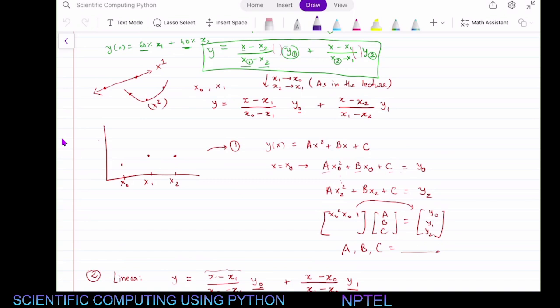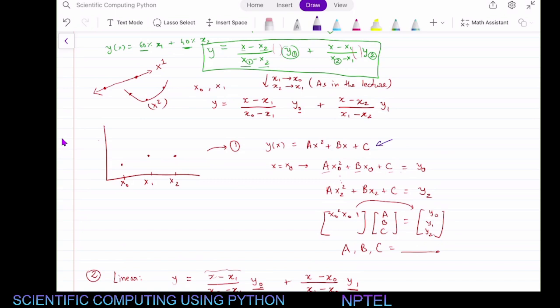Here we have y of x equals a x squared plus b x plus c, right? Here we are taking x equals x naught. In this case, we get the function: a x squared plus b x plus c is a function, right?